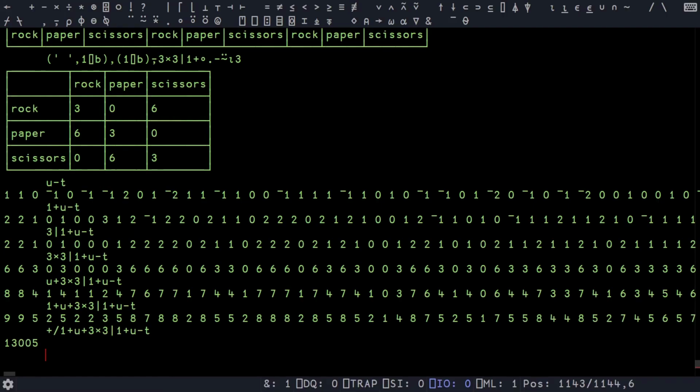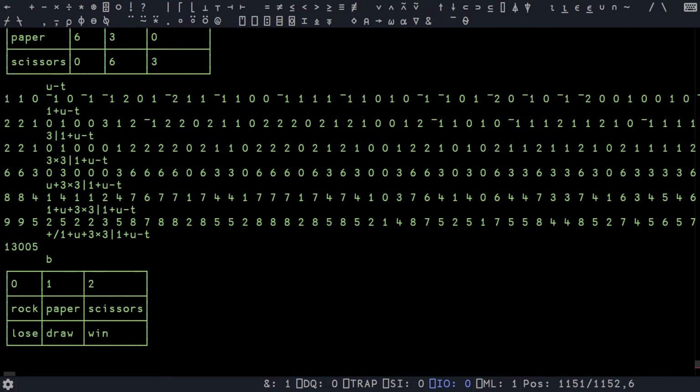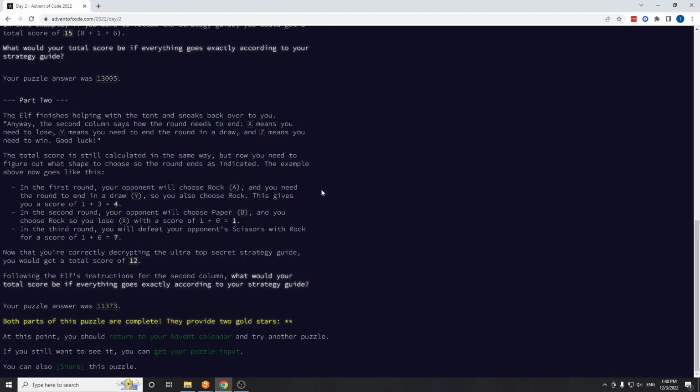The nice thing is that we're already operating in this range if we look at our table. So our rock, paper, scissors values are the same as our lose, draw, and win values. They're all mapped into this domain of 0, 1, and 2. So we don't need to do any modification of the input to determine the value that we want the game to end in.